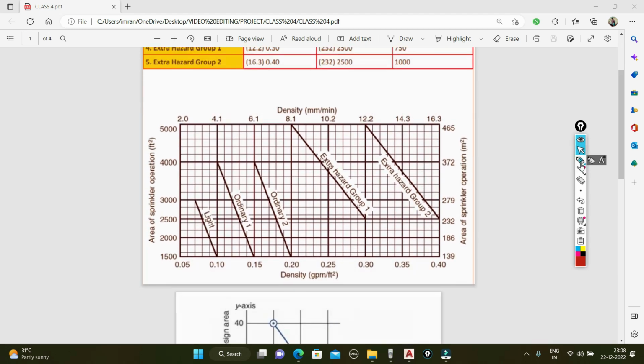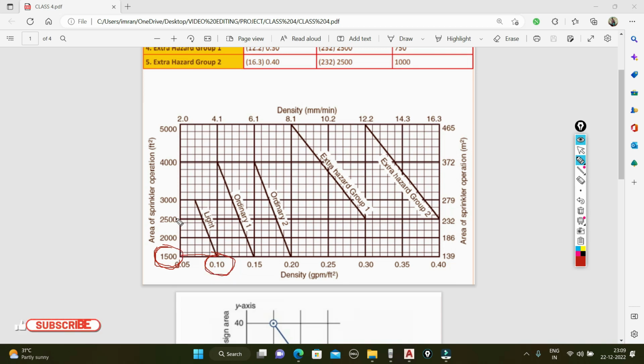If we come to this state, this is the light hazard system, so the density will be 0.1. We will talk in our upcoming video about what density is and why we consider density. But here you have to understand how we use this graph for the area of operation and determining the density.